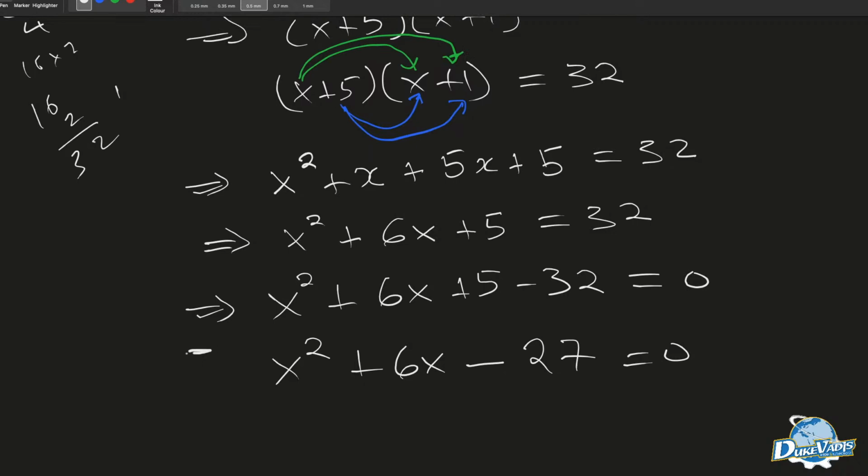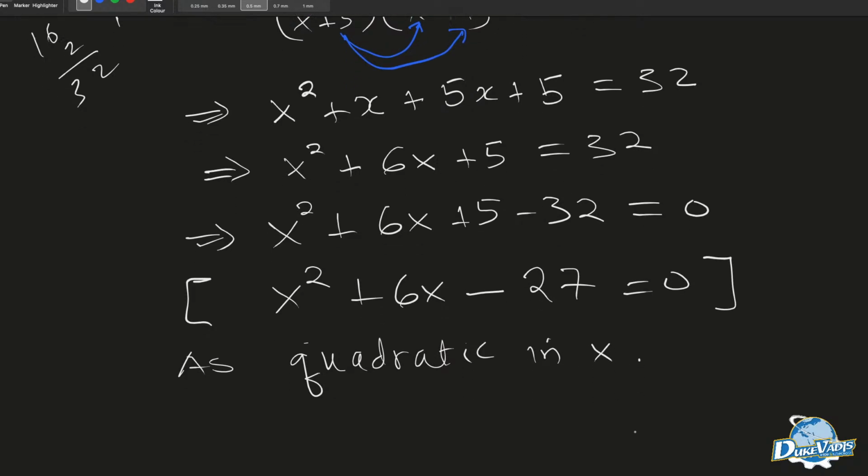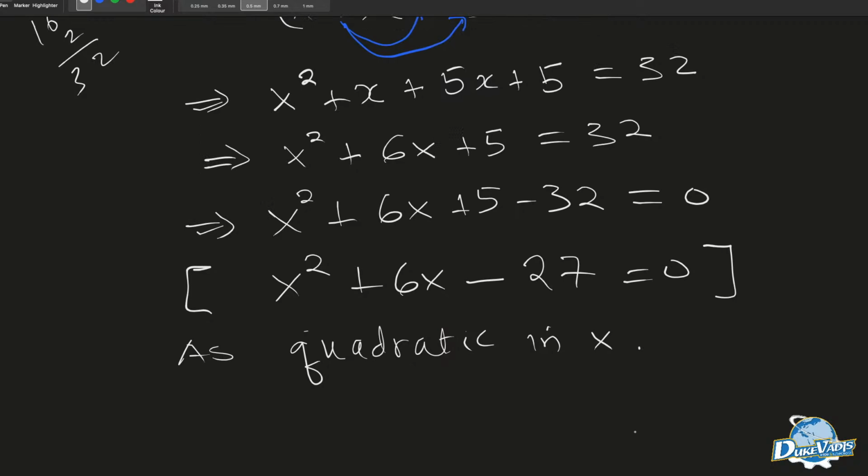Look at the equation. So the equation is now quadratic in x. So our factors, as you can see, our coefficient of x squared is 1.